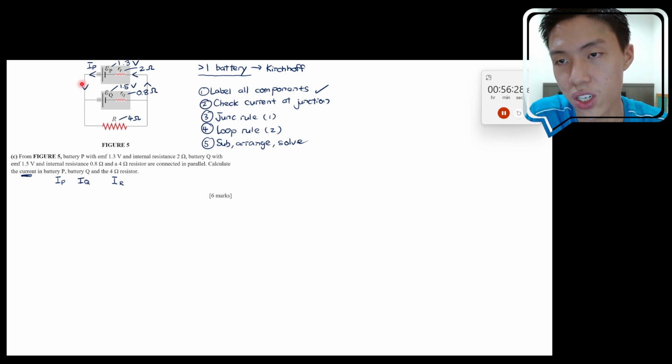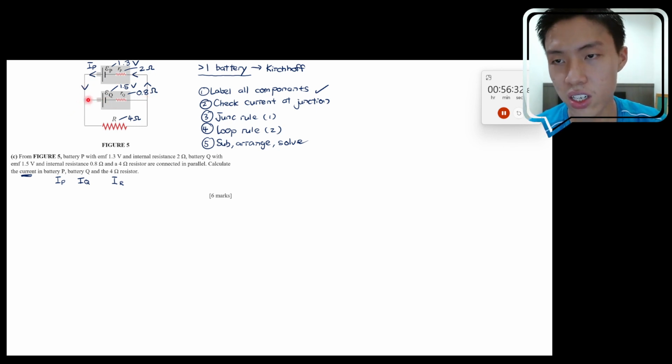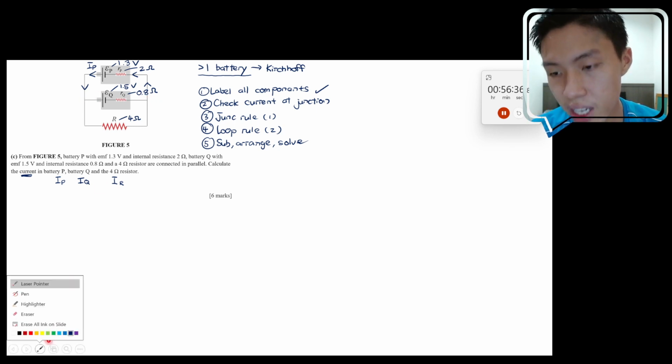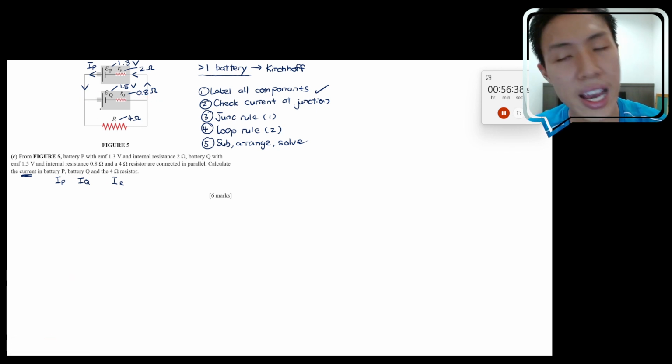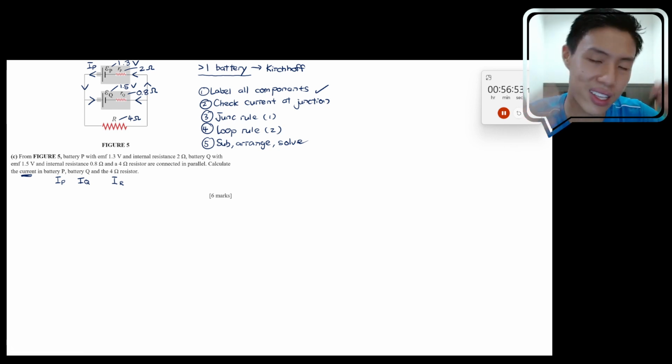So this is logical. Second path between two junctions, this junction and this junction, and another path is this path over here. Again, we assume a direction. Any direction will be fine as long as you don't mess it up. What I'm trying to say is you don't put one direction over here, another one like this. Then there will be conflict because they will collide in the middle. It doesn't make sense.